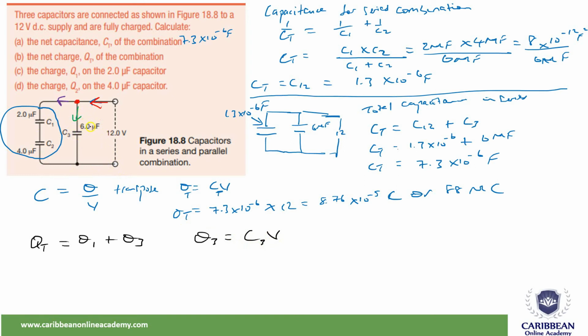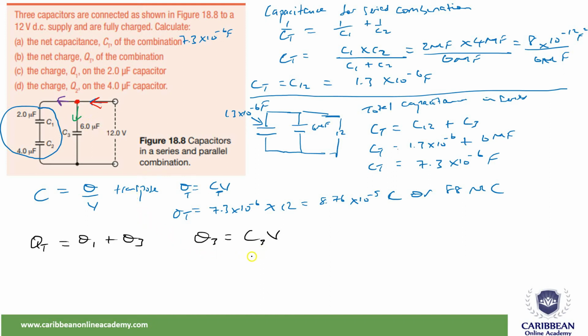So the voltage across C3 is going to be the same voltage across C1 and C2, well, not 100%, but just imagine that because it's a parallel circuit. Then the voltage across C3 is going to be 12 volts.